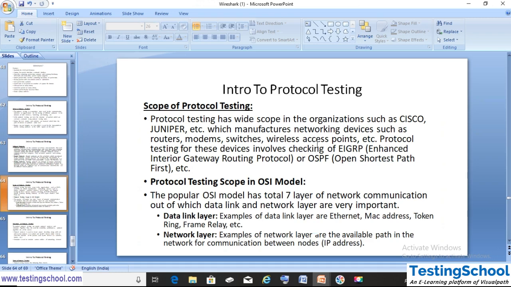So you have to pick one protocol and test it thoroughly. And while testing one protocol, if you see something is not working fine, you have to report a bug. That bug will go to the developer.